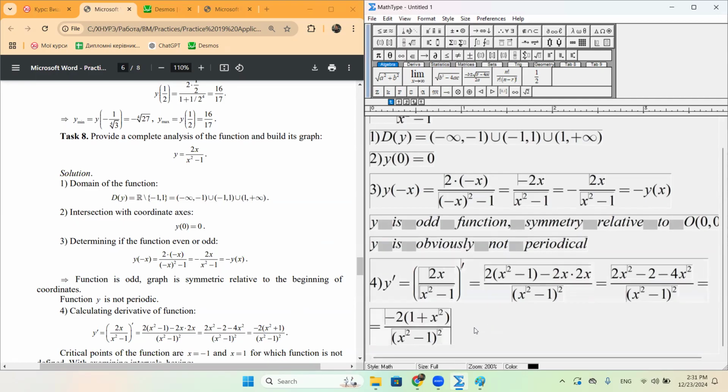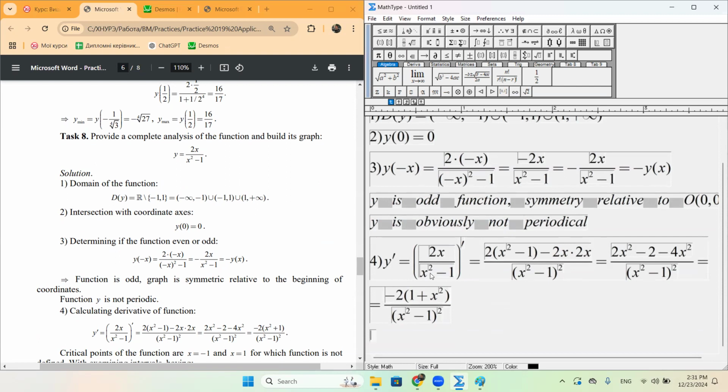Now let's check when the derivative becomes 0.